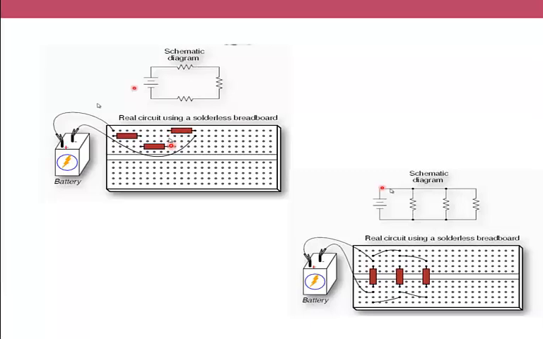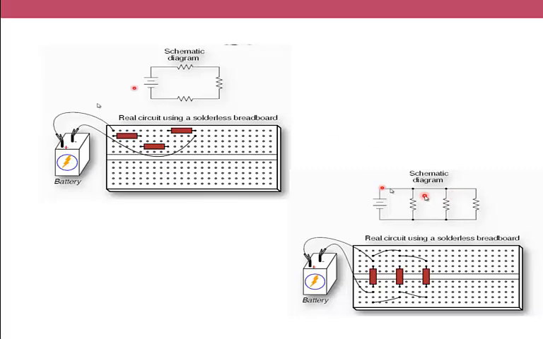You may notice right now the second leg of the first resistance is connected with the first leg of the second resistance. The second leg of the second resistance is connected to the first leg of the third resistance, and the circuit is closed as follows. The positive terminal is connected to the first resistance, and the negative is connected to the other resistance.